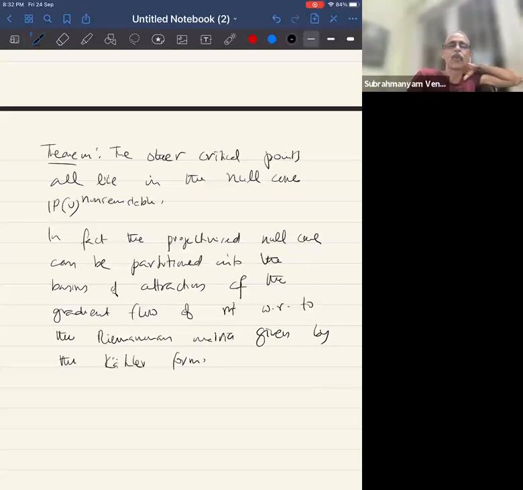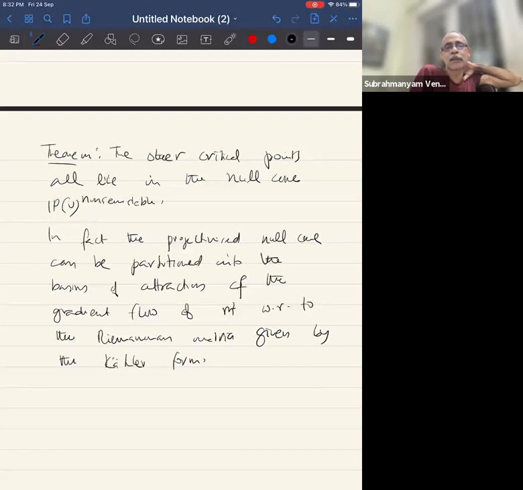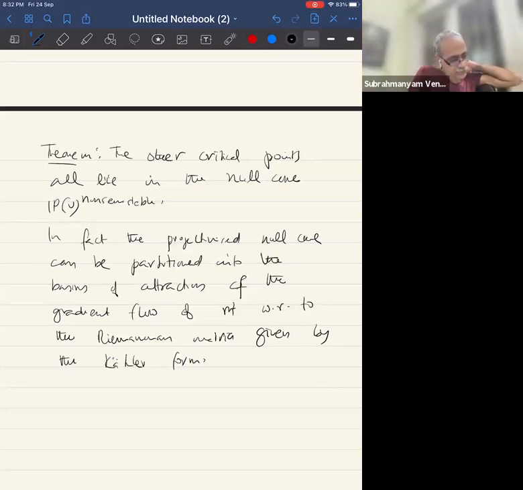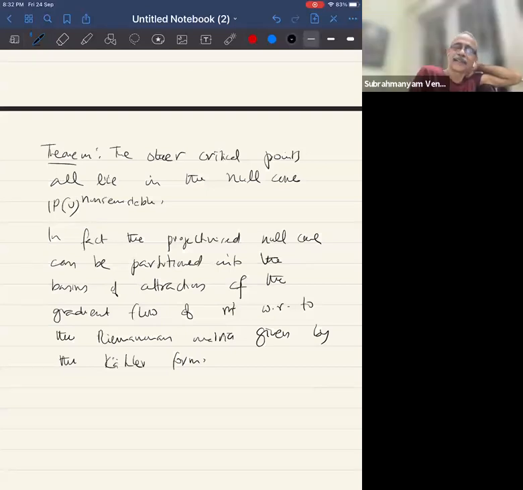And that flow is determined by the gradient of the m squared function with respect to the Riemannian metric. Gradient of a function means take the function, take its d, I get a one form, and use the metric to convert that one form to a vector. Okay, that is correct.